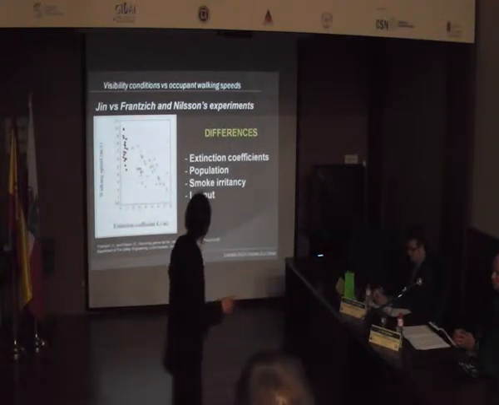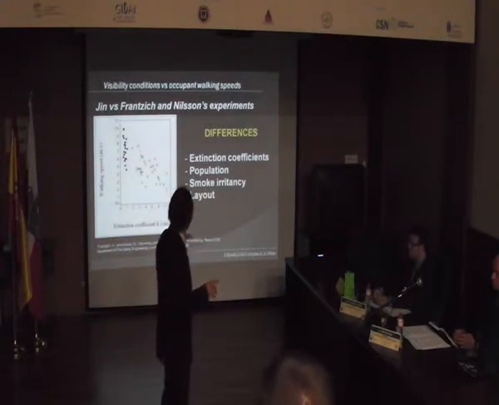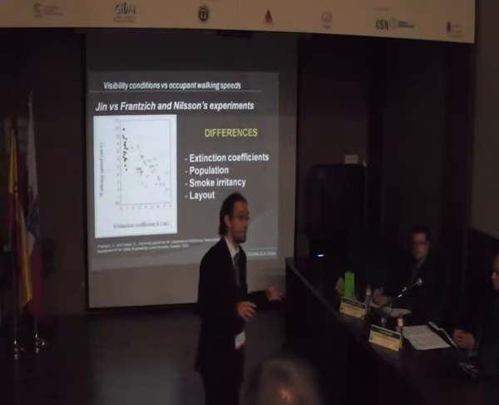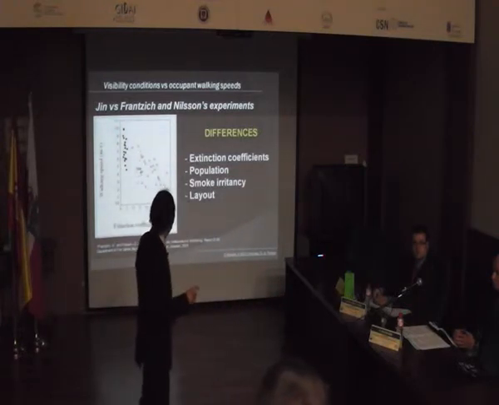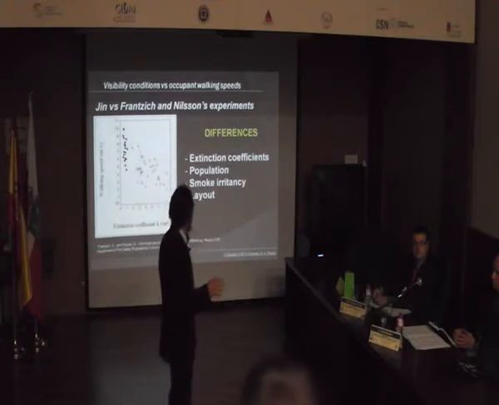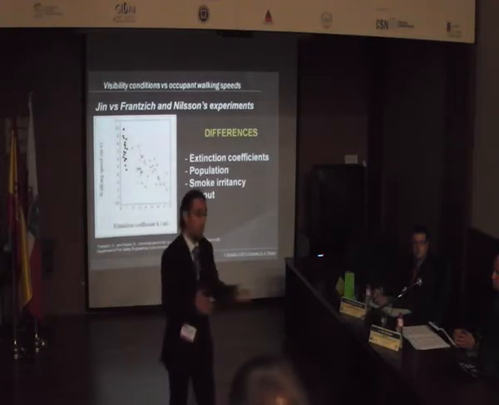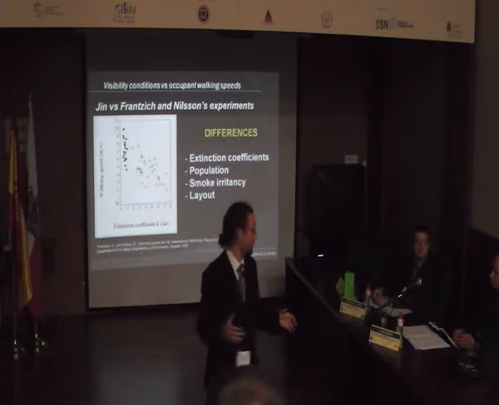And here we see, for example from this graph, that different ranges of extinction coefficients were investigated in the two sets of experiments. You see that the black spots are the Jeans one, and in the Lund dataset we have a broader range of extinction coefficients.